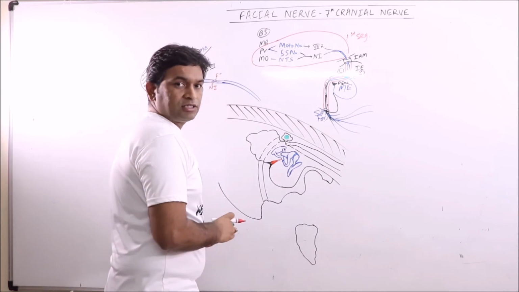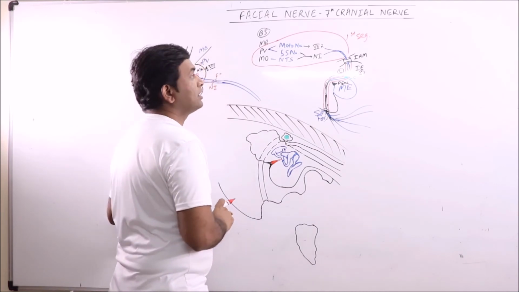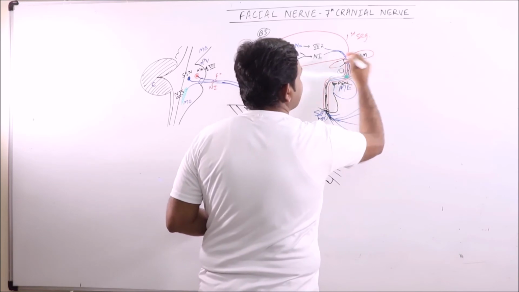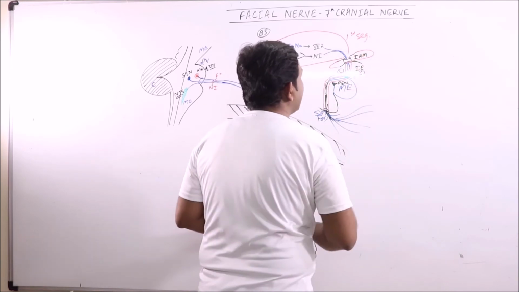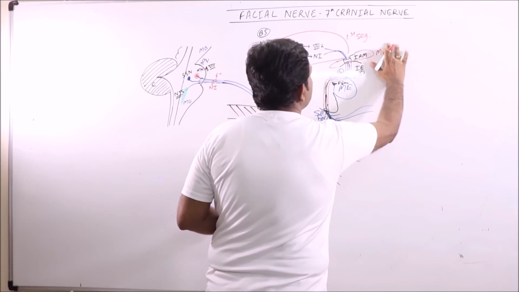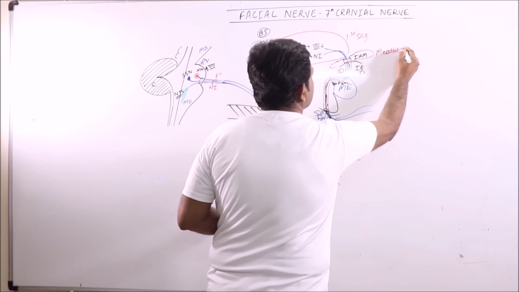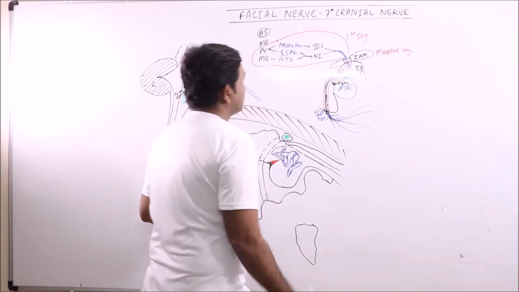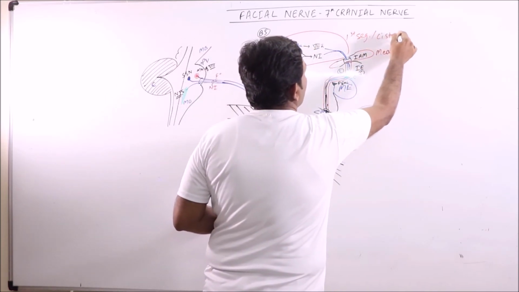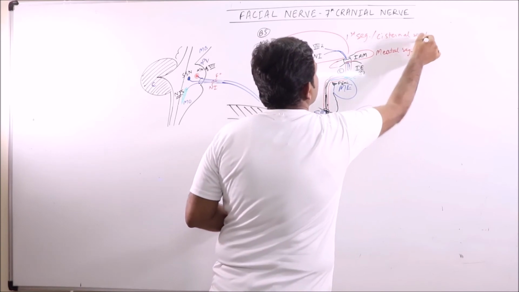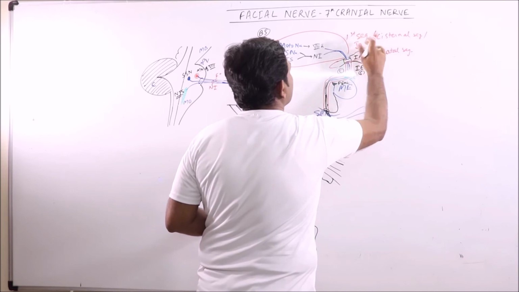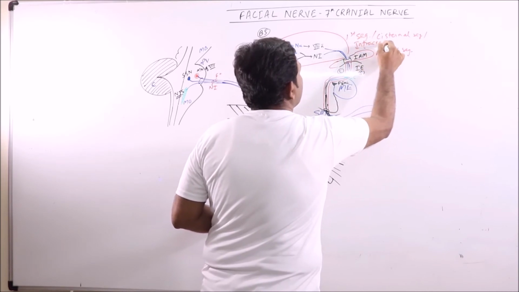It is also known as the cisternal segment or intracranial segment. Now the second segment is when it is passing through the internal auditory meatus. It is also known as the meatal segment. No branches are given by the first segment.